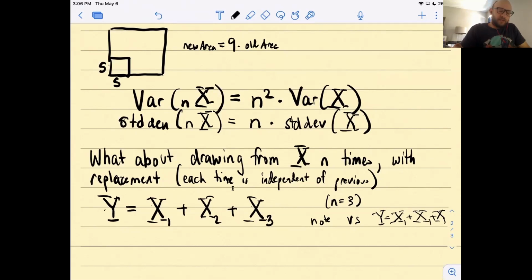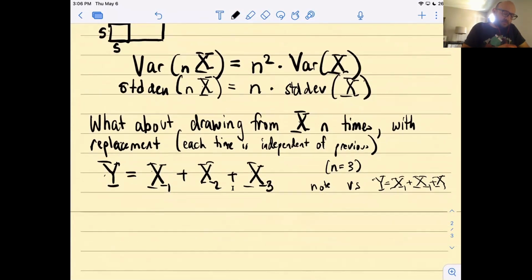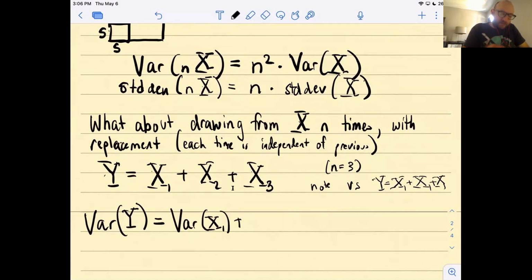So it turns out that when you calculate the variance of this expression, because these are individual and independent variables, the variance in this case is equal to the variance of x1 plus the variance of x2 plus the variance of x3.